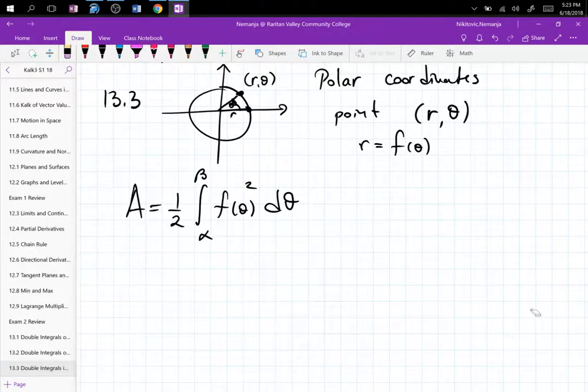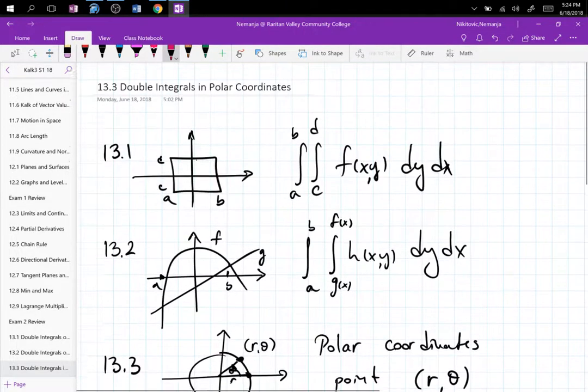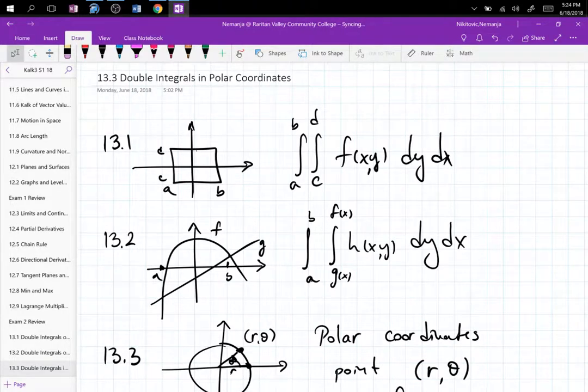It doesn't really compete with the rectangular. It complements it and does different stuff. So we are now also going to change the notion of the word rectangular. Because for the first two sections, rectangular integral meant your domain is a rectangle.